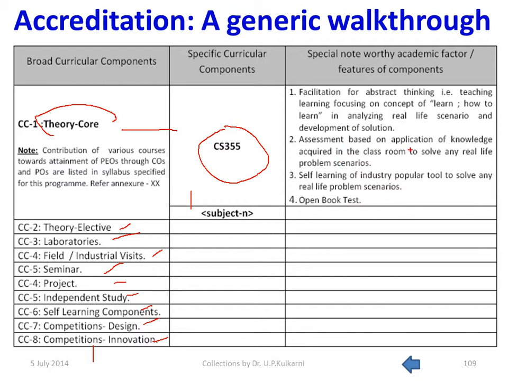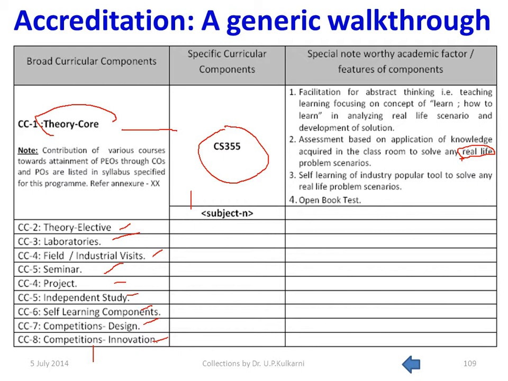Assessment based on application of knowledge acquired in a classroom to solve real life problems. This is the most important thing. Are the students ready for the industry? Are the students ready for abstract thinking? Do they apply their knowledge, whatever they got in the class, in solving a problem? That I need to look into.